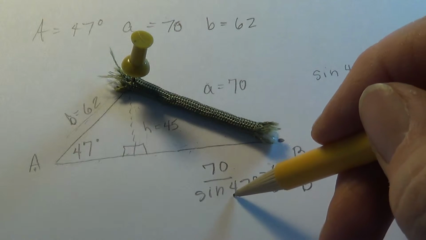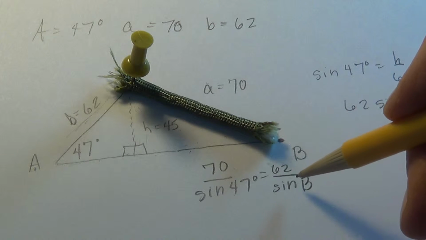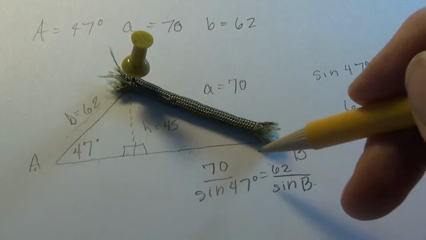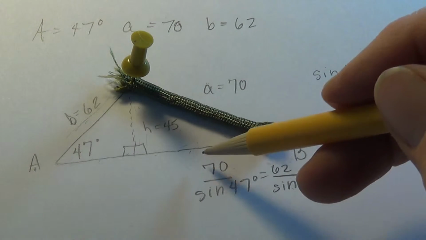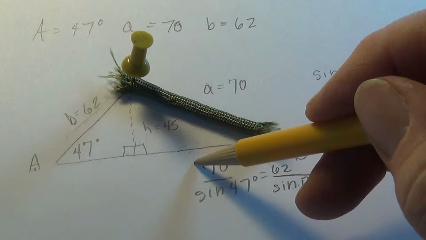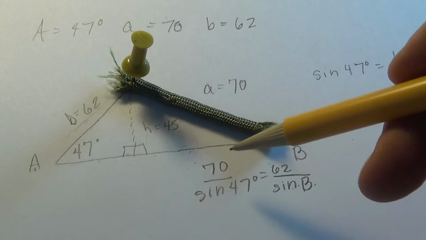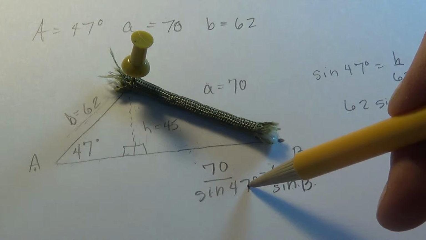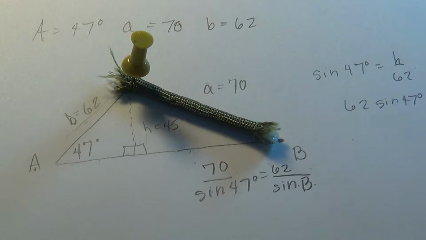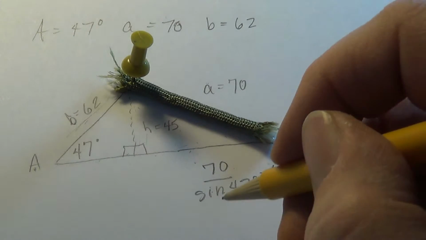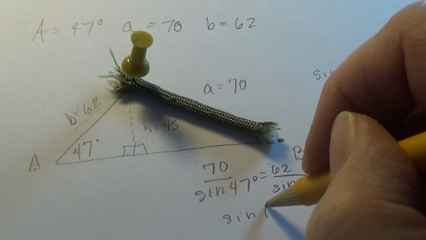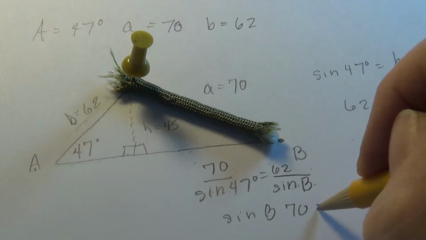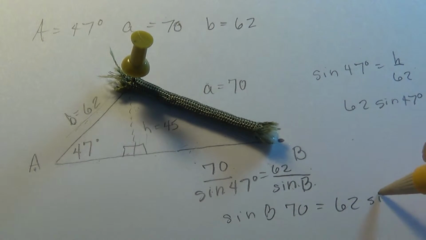So let's just multiply both sides by sine of B. Sine of B will disappear from here and pop over here. And at the same time, I'll multiply both sides by sine of 47. It'll disappear from here and pop over here. So that will give me sine B times 70 equals 62 sine 47.